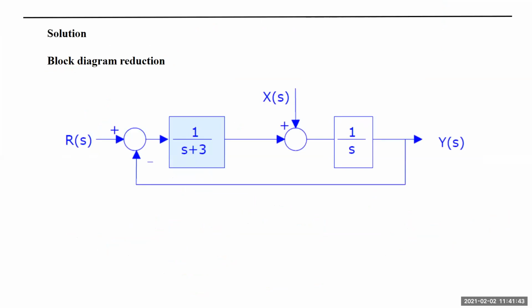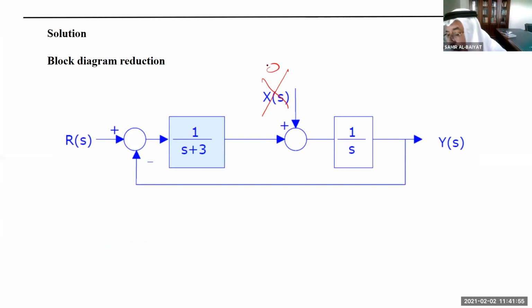Now, very simple. Now let me find, okay, set X to be 0 and use the superposition. So Y over R, what does it equal to? It's a negative feedback.